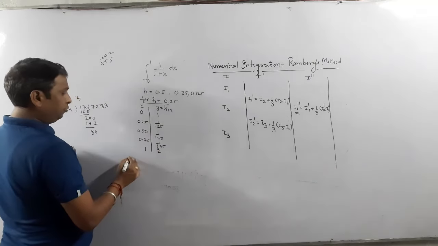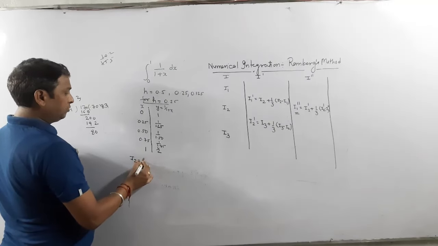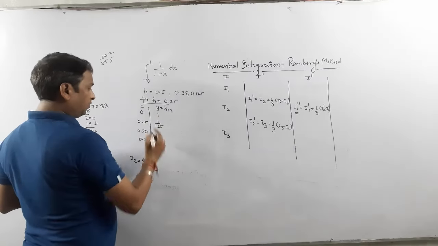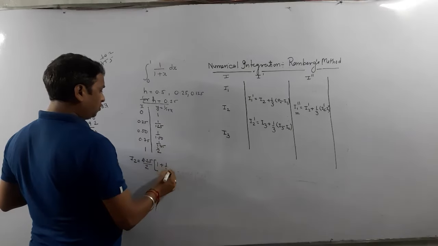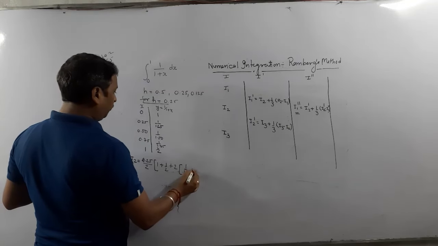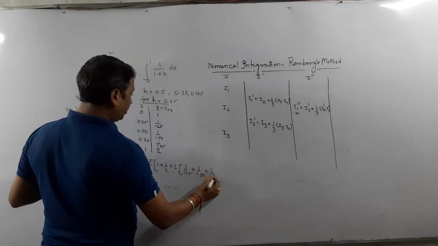Now again use the trapezoidal rule. What is I2? H is 0.25 divided by 2, times first value 1 plus 1 by 2 plus 2 times 1 upon 1.25 plus 1 upon 1.50 plus 1 upon 1.75.